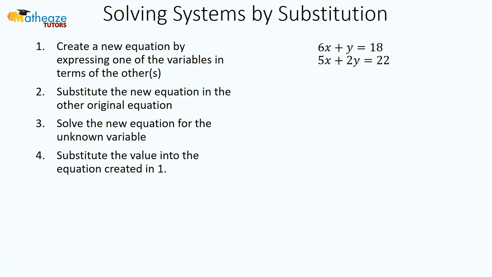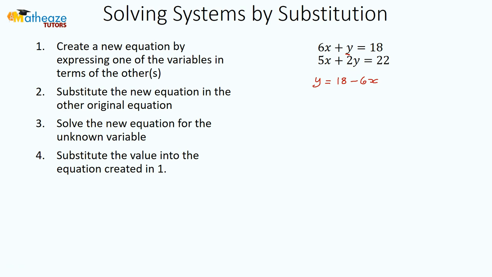Let's try one more. We have 6x plus y equal to 18, 5x plus 2y equal to 22. I always believe in using the simplest way to get to your answer. So I'm going to solve for y in the first one. So y is equal to 18 minus 6x.